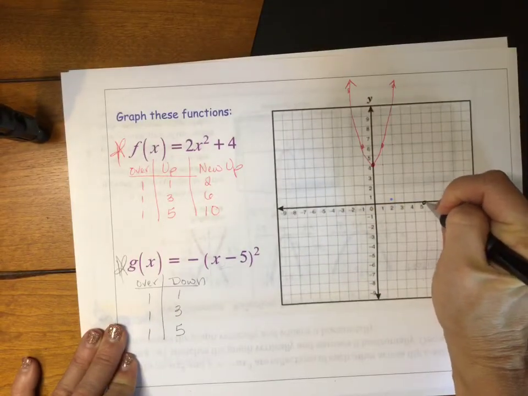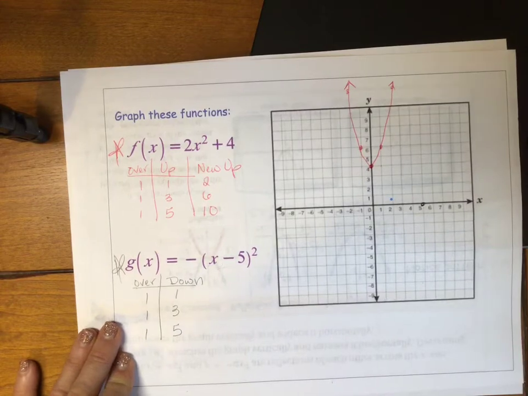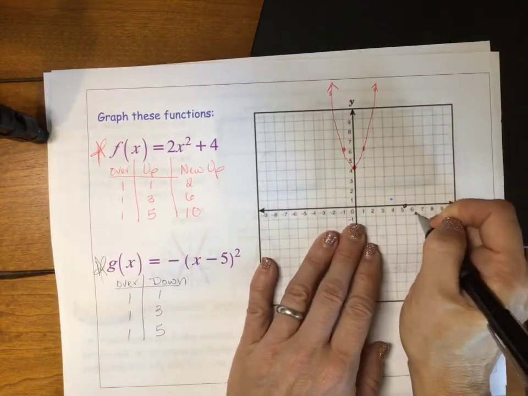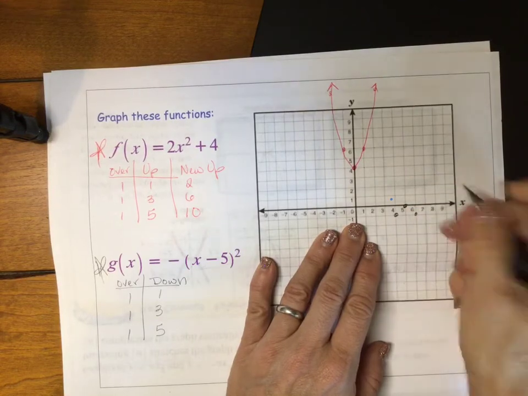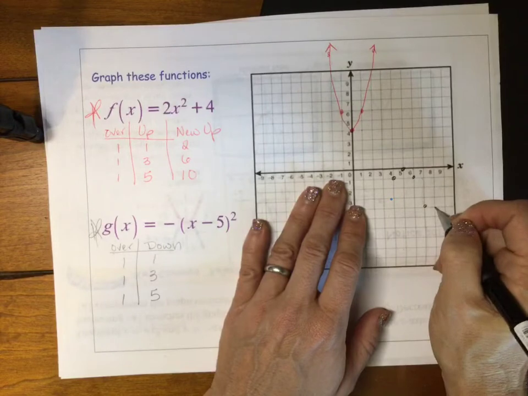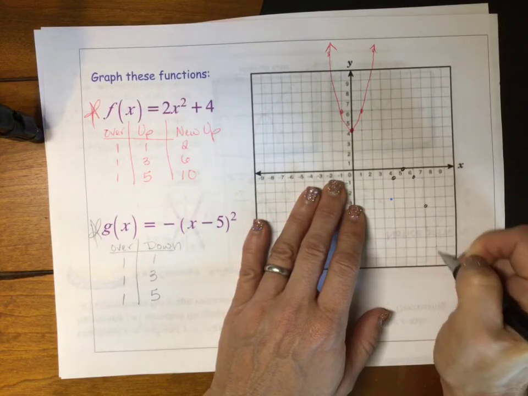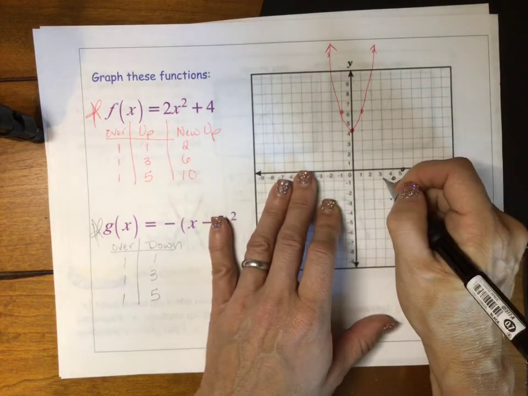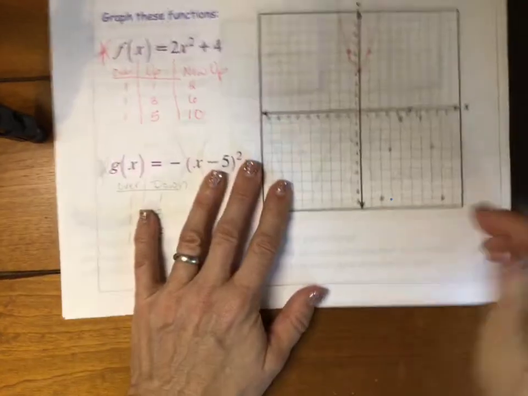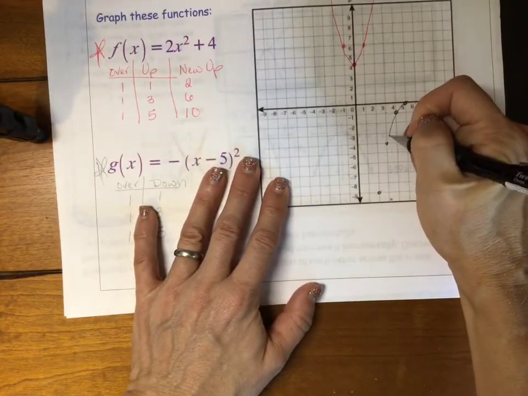So here's my new vertex. And now I'm going to go over 1, down 1, over 1, down 3, over 1, down 1, 2, 3, 4, 5, and fill in my graph that's reflected.